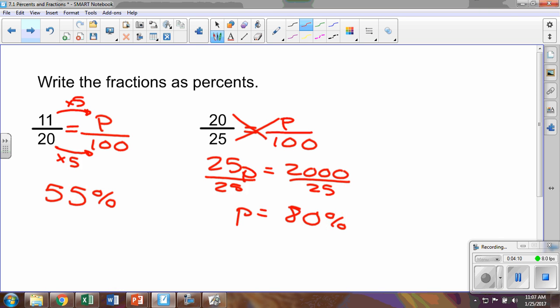We will have a lesson later on in our unit focusing on the connection between percents and decimals. I do not want you using the decimal method here because we are going to practice that method later. This section is about this technique. That's why I expect to see it one of these two ways.